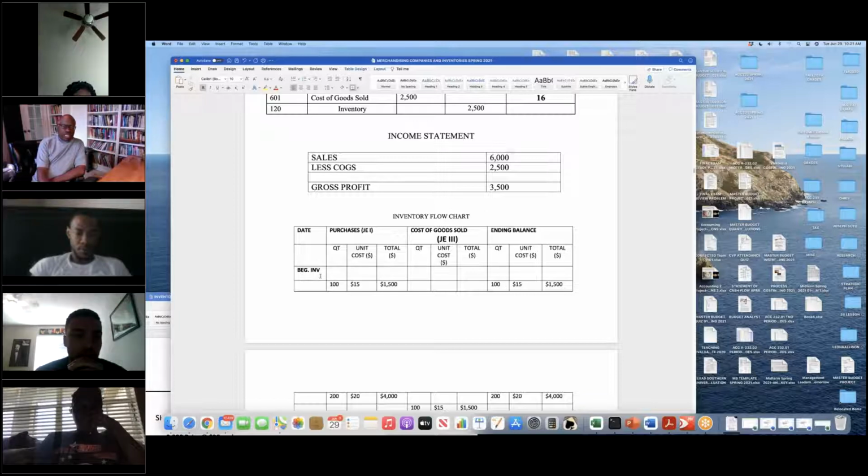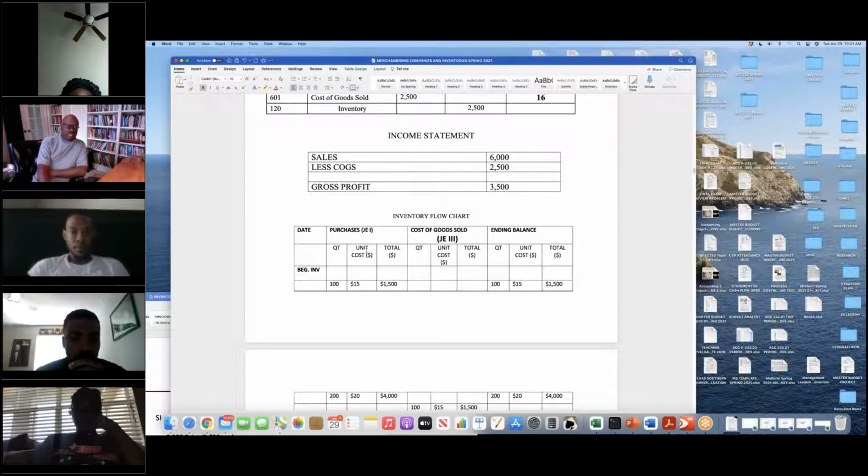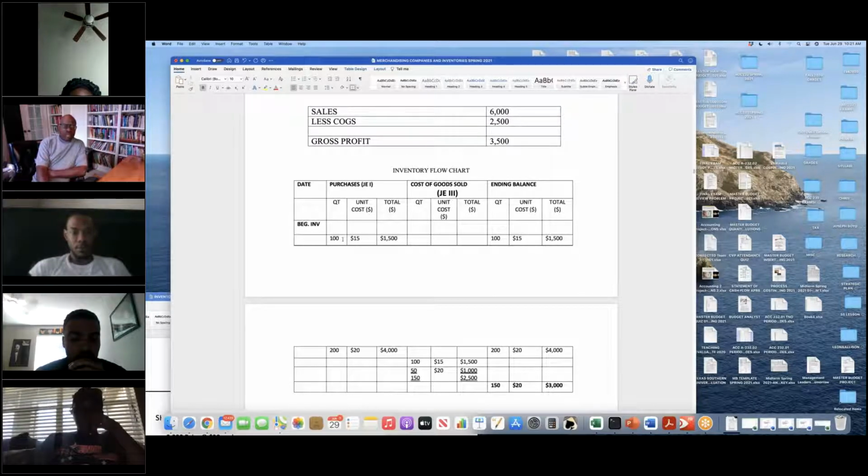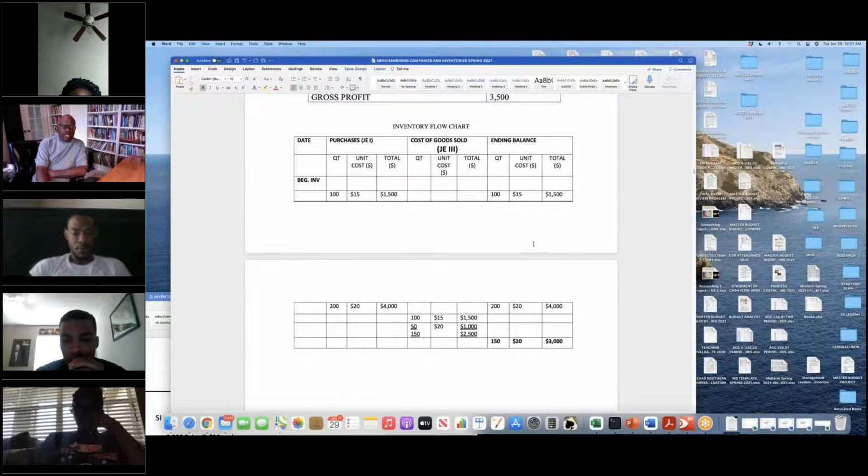With beginning balances, we put them in, then we make a purchase, we transfer that over. These are our journal entry type 12 in inventory cycle 1, whenever we make a purchase, we transfer it to the balance. And then we have our journal entry 15, which is type 3 in our cost of goods sold cycle, which comes out of this middle column.